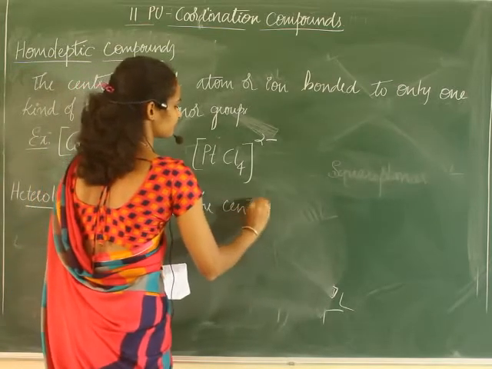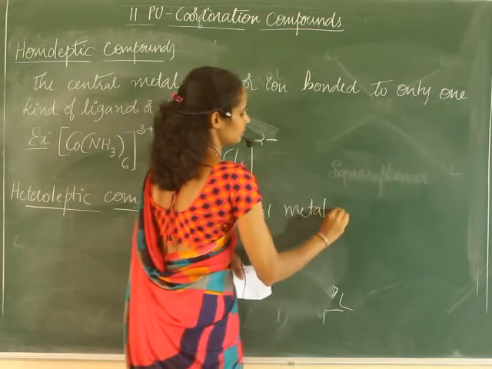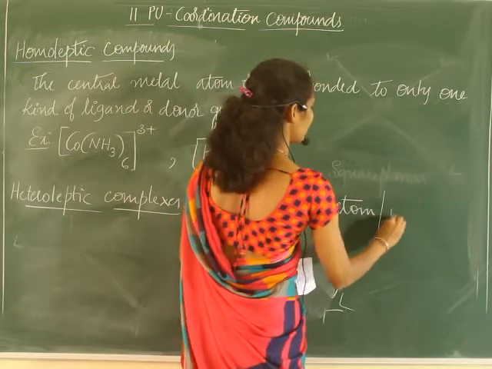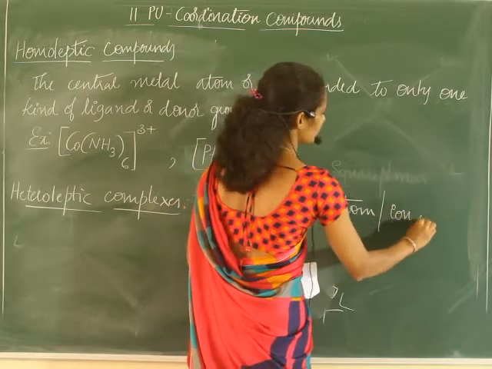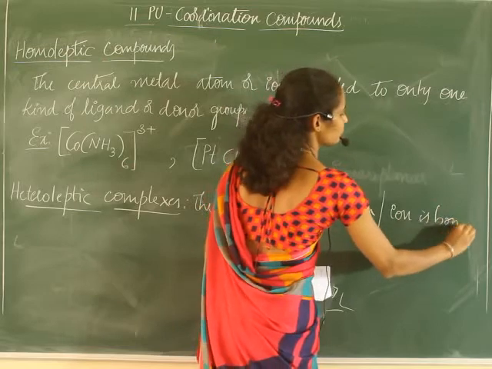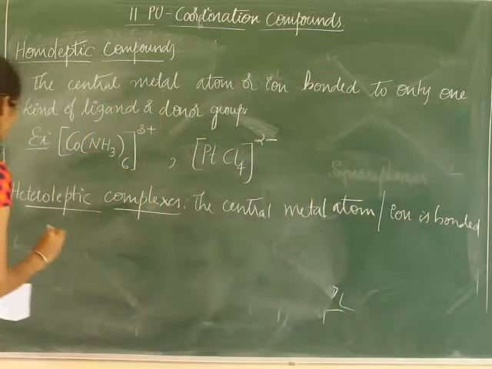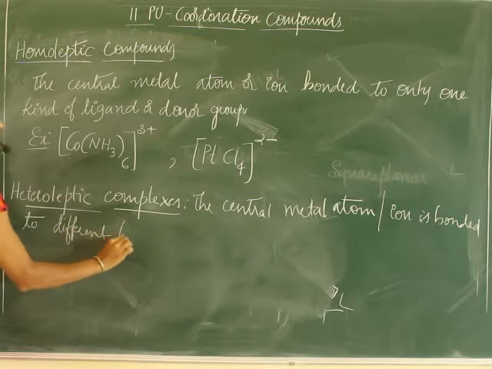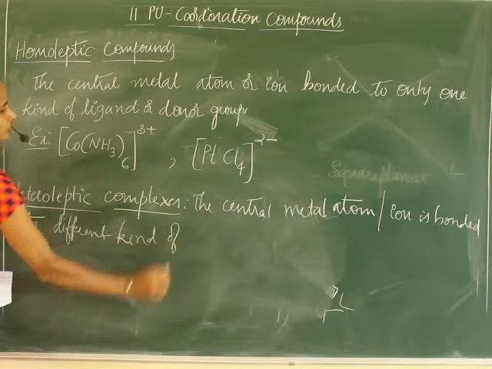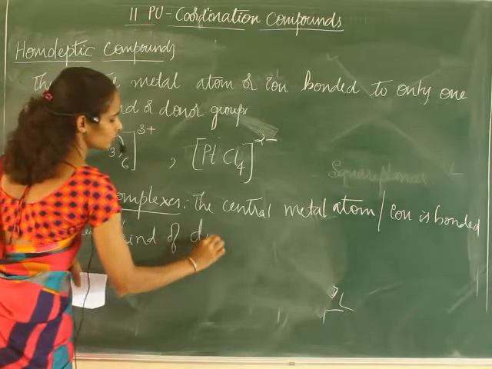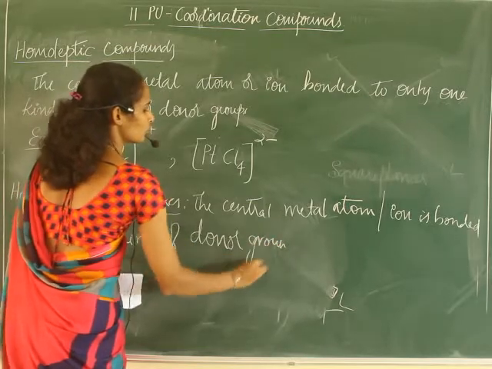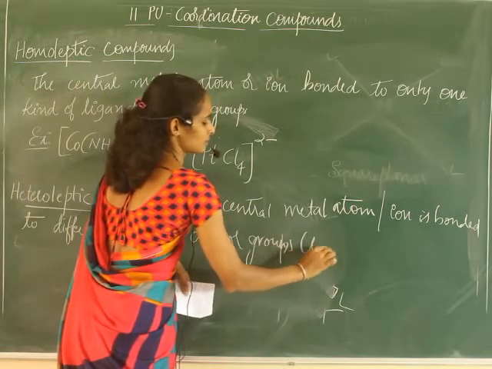The central metal atom or ion is bonded to different kinds of donor groups, or different kinds of ligands, right?